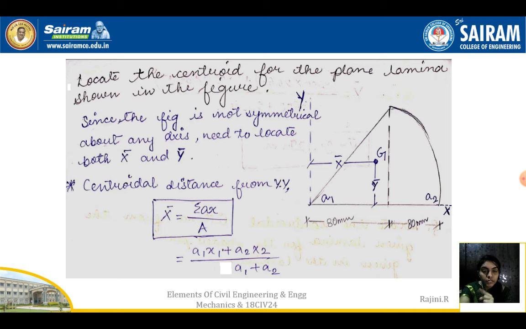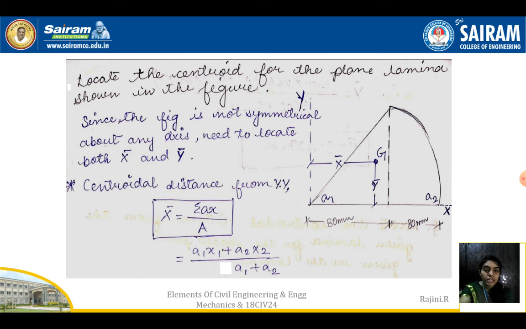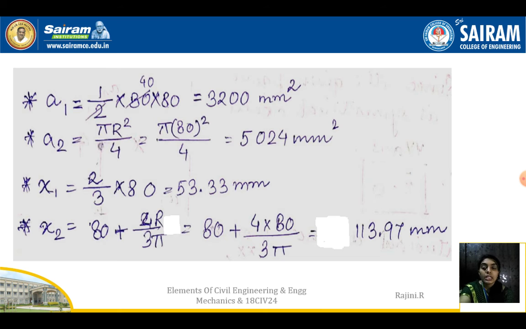While we have derived the formula for a triangle, if you're coming from the apex, it is 2 by 3 into distance. If you're coming from the base, it is 1 by 3 into distance. Same thing we have applied here. The reference axis starts from the apex, right? So that's why you are taking from the apex, that is 2 by 3 into 80, where 80 is the whole dimension.